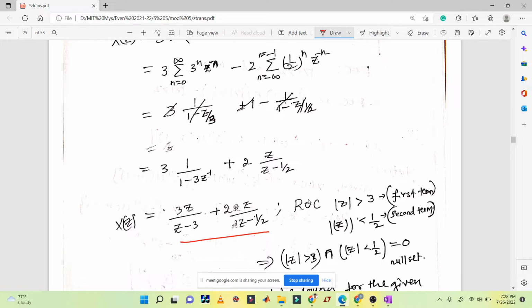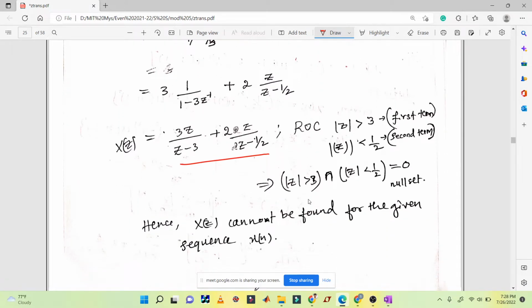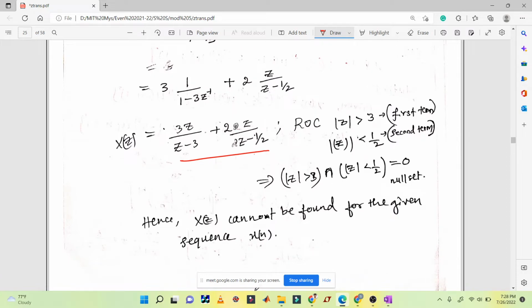Okay, and whatever I have explained about ROC is given here. Z greater than 3 and z less than 1 by 2 is not a feasible one. So it is a null set and we cannot find the ROC for the given sequence.